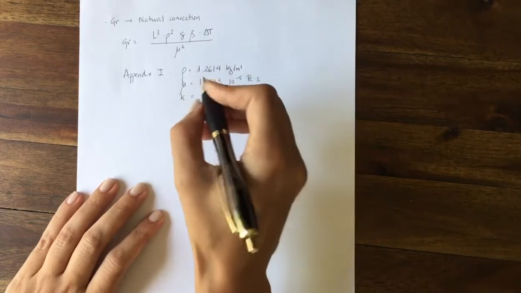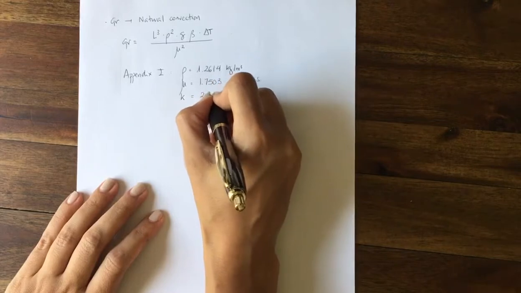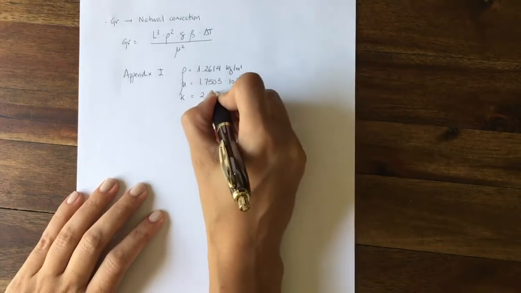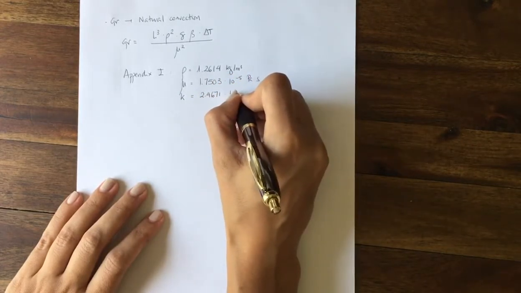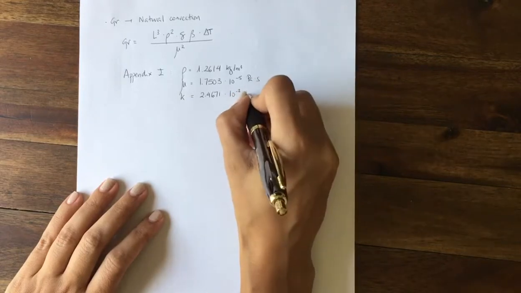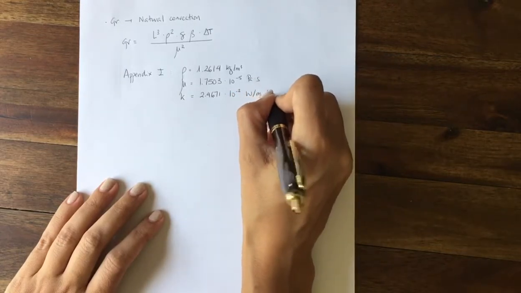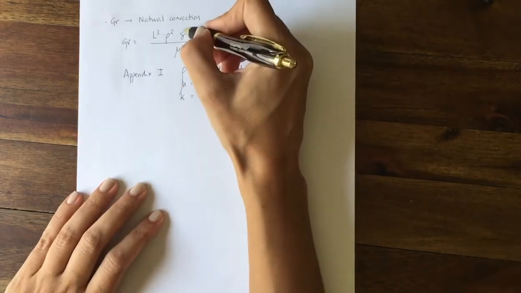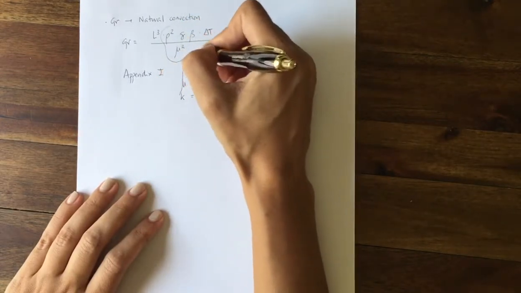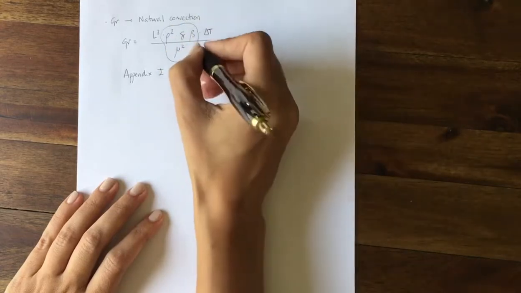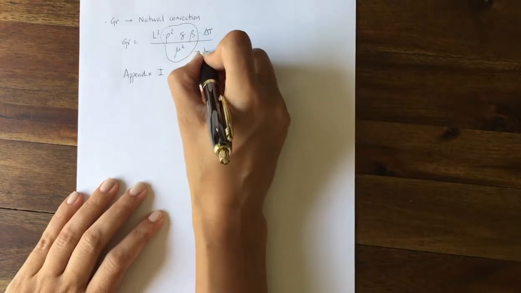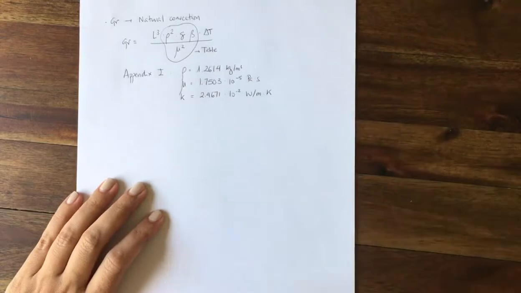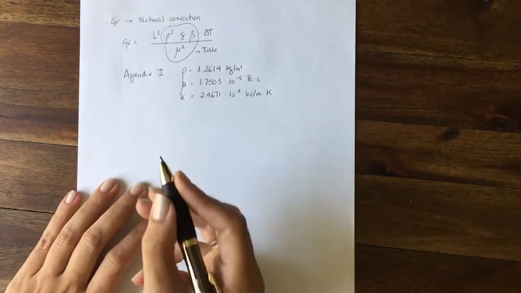Thermal conductivity is equal to 24.671 times 10 to the minus 3 watts per meter Kelvin. And this factor here is also directly indicated in the table in Appendix I.